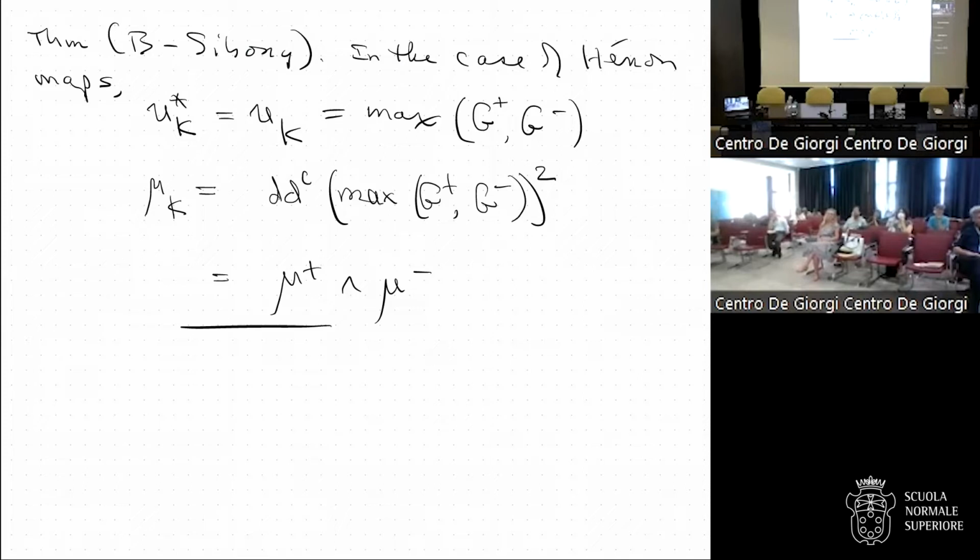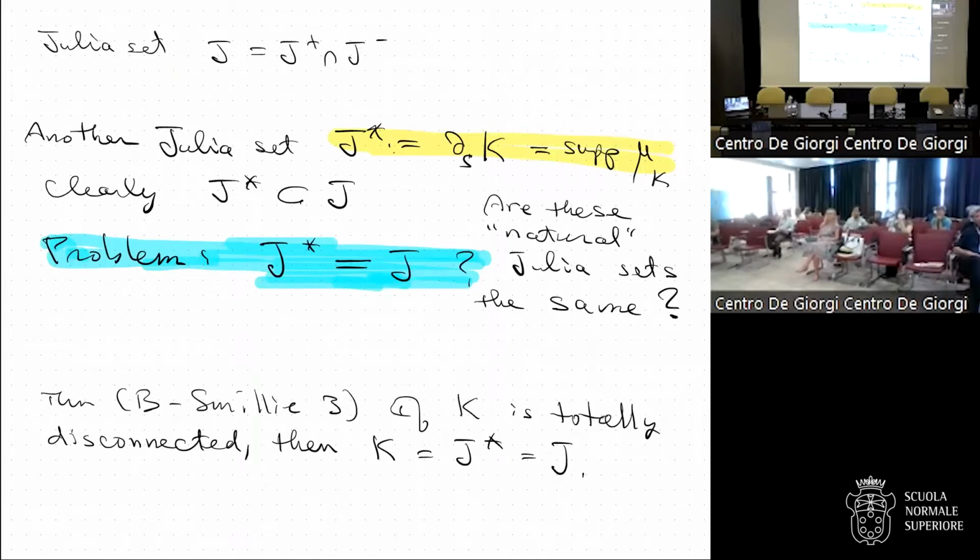But in this case, you just check it, and the maximum of G plus and G minus is the pluricomplex Green function. And when you take this guy and square it, it's actually mu plus wedge mu minus. I mean, this is a nonlinear operation, but that's the way things work. So very curious. What this tells us is, we already mentioned this as being a Julia set.